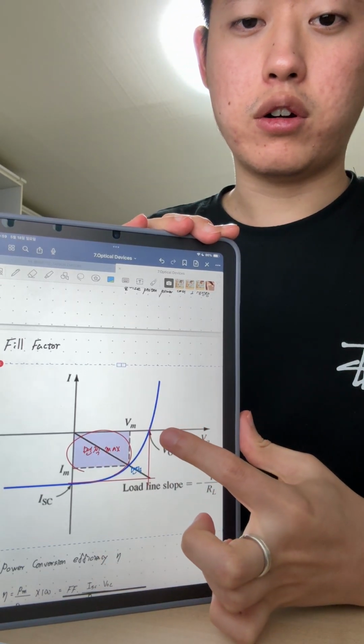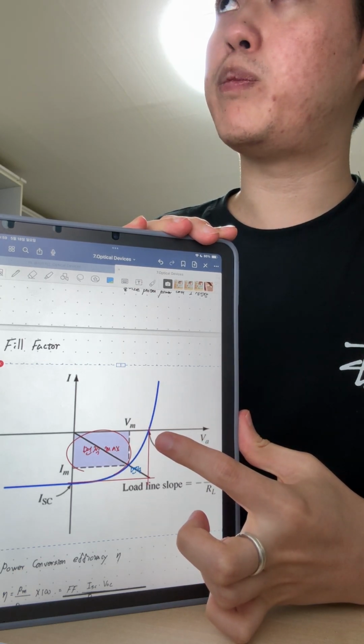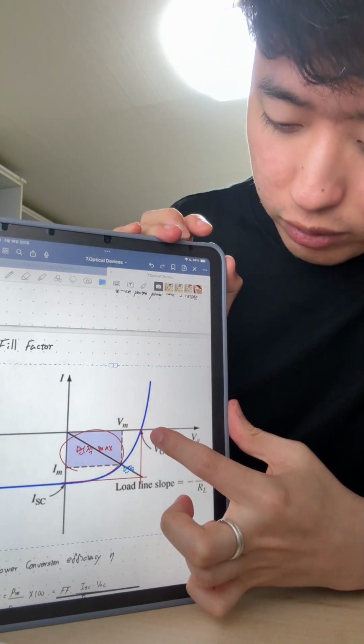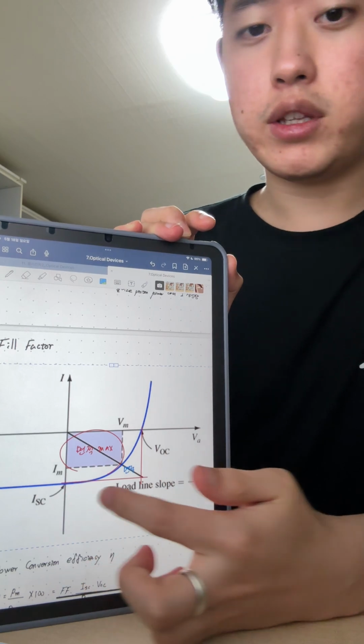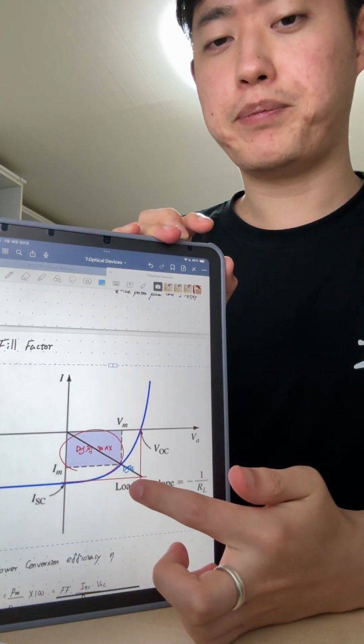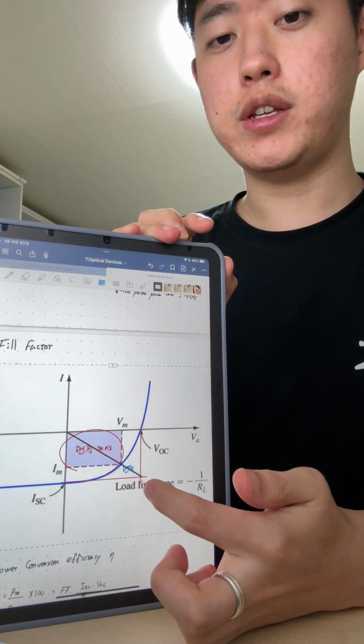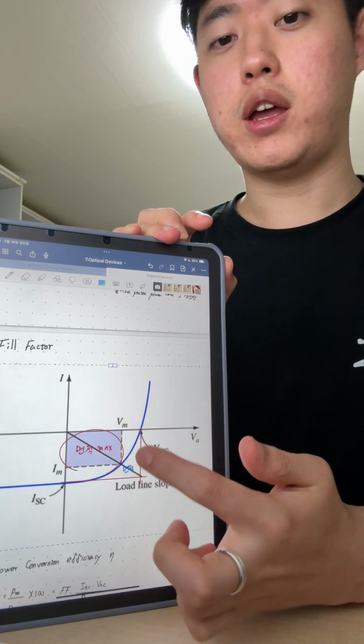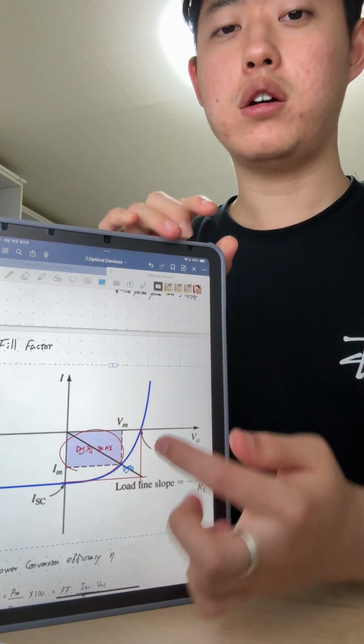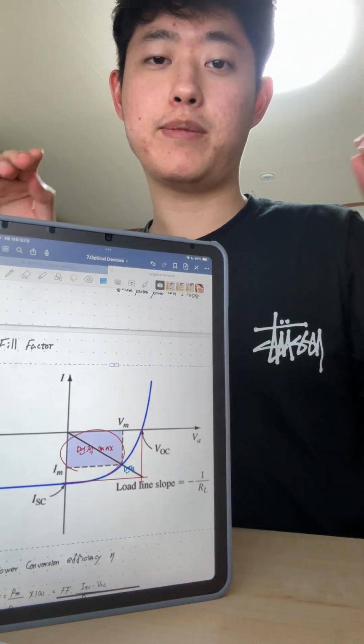And here the open circuit voltage and short circuit current will be extended to here, and it will make an ideal max power.